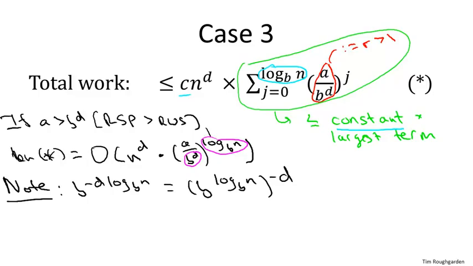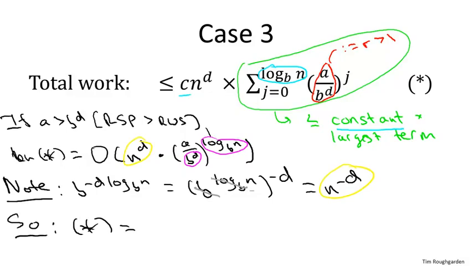And now, of course, taking the logarithm of n base b, followed by raising it to the b power, those are inverse operations that cancel, so that leaves us just with the n. So this results in an n to the minus d. And now, remarkably, this n to the minus d is just going to cancel out with this n to the d, leaving us with merely a raised to the log base b of n. And thus, out of this crazy sea of letters, rises a formula we can actually understand.